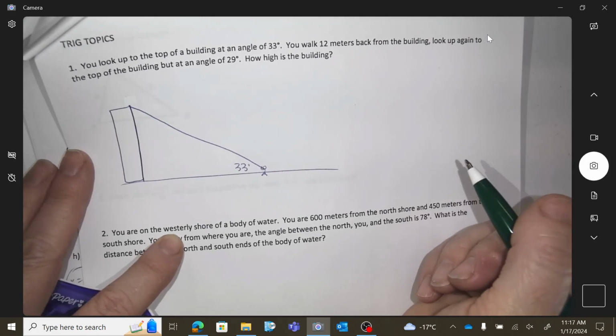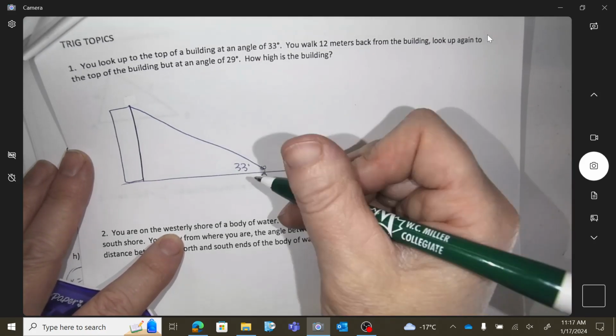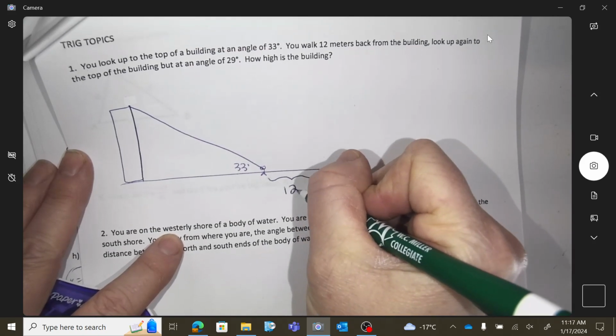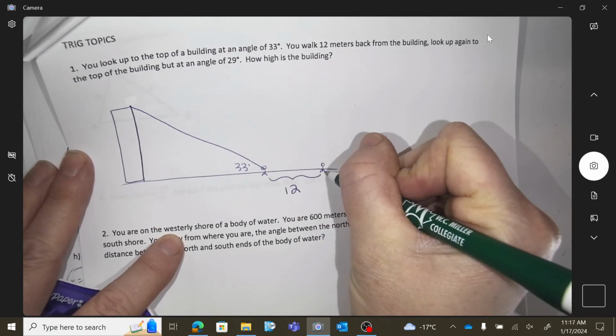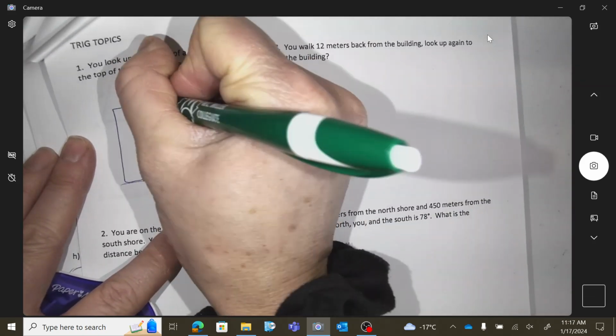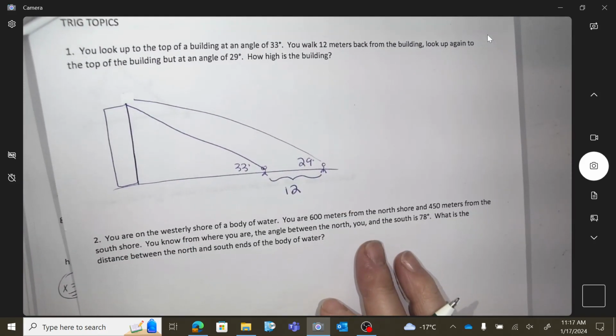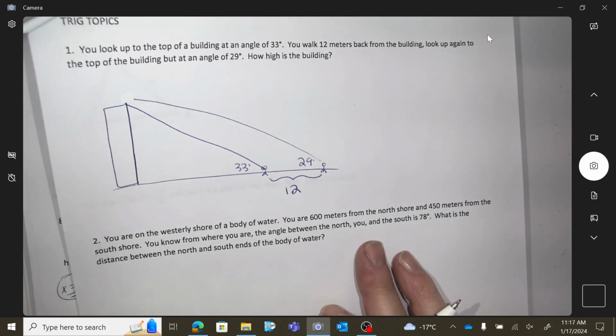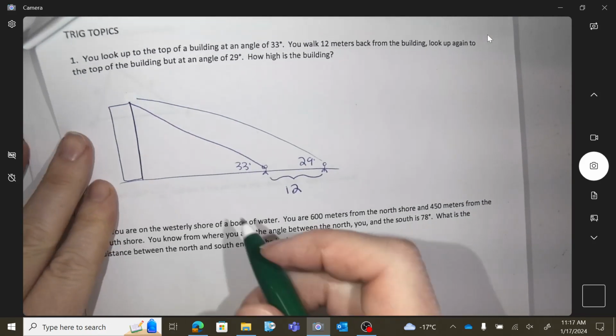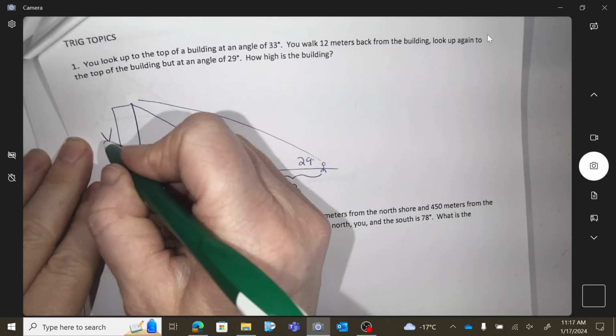Then you walk 12 meters back. And then you look up, and the angle is now 29 degrees. How tall is the building?